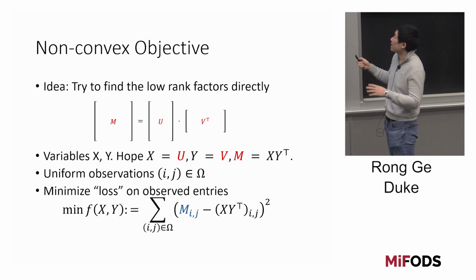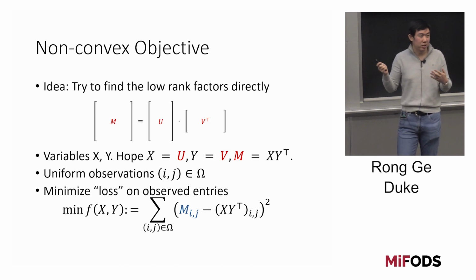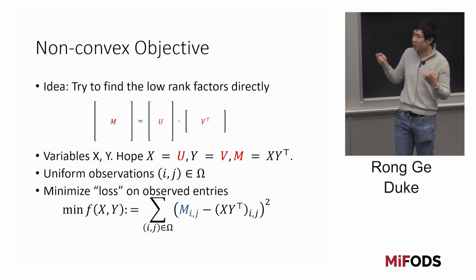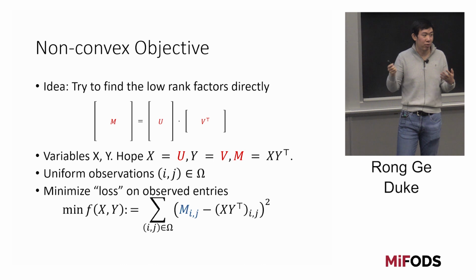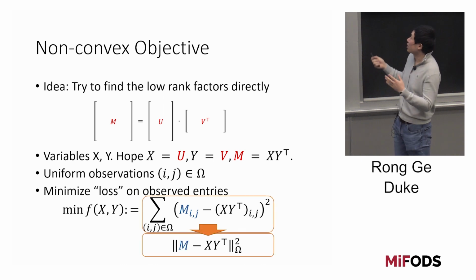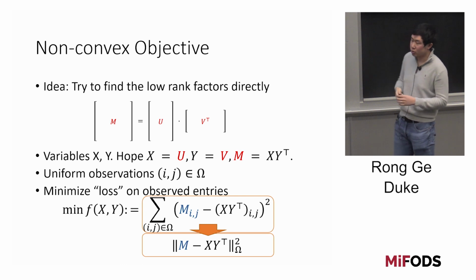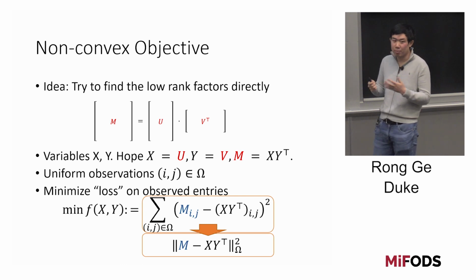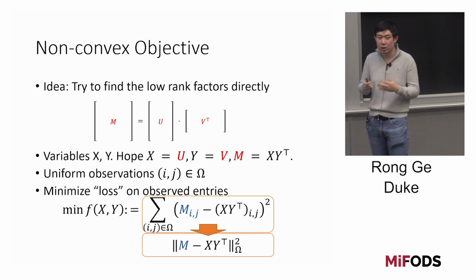Obviously, if your m is actually low rank, then the optimal solution of this is going to be 0, and it's obtained if x is equal to u and y is equal to v, for example. Later in the talk, we will denote this as M minus XY transpose, the omega norm squared. This is not really a norm, but it behaves really similar to a norm.